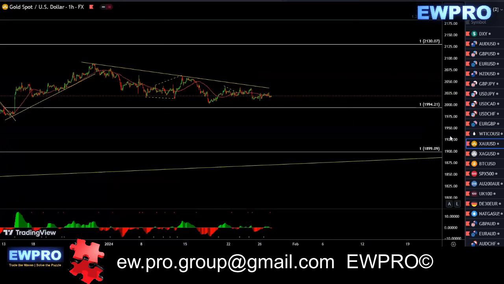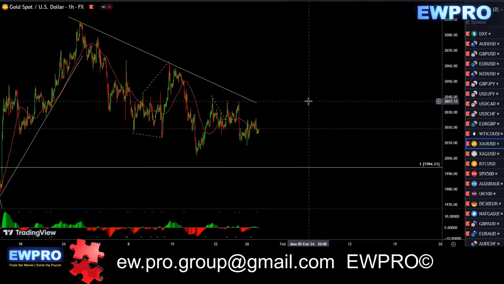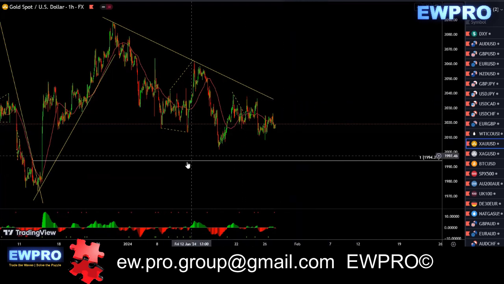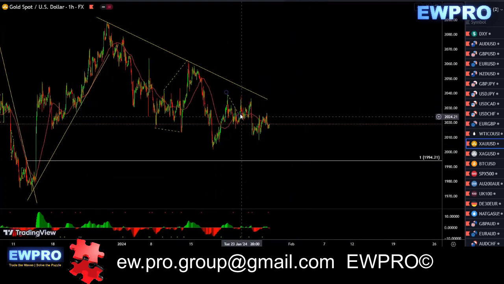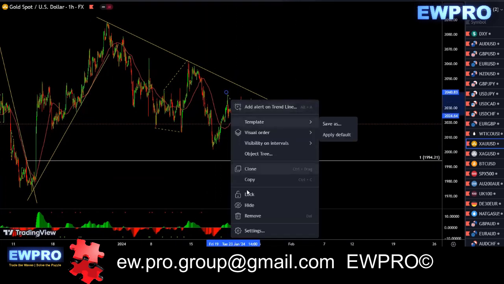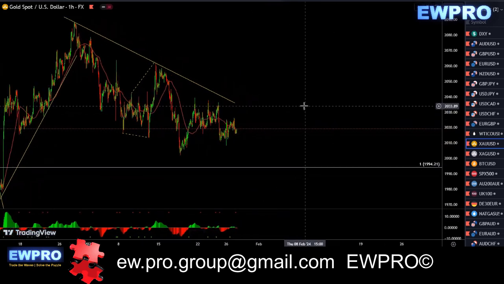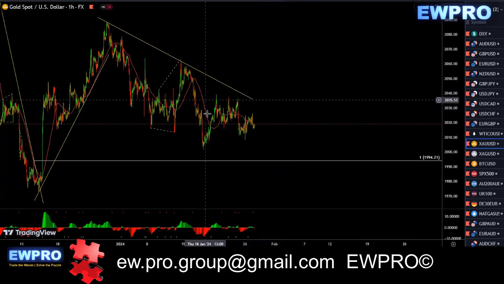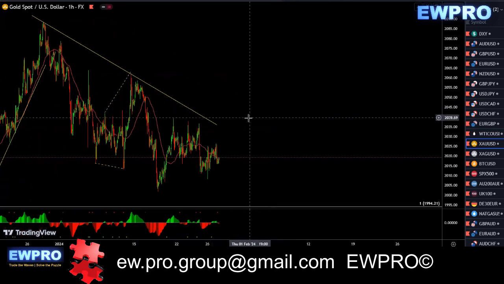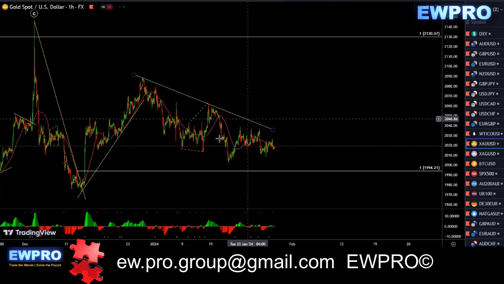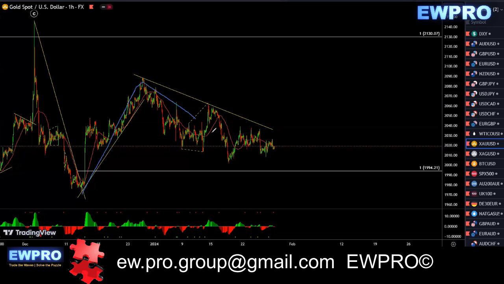It's not really giving nice buy setups. I've been looking to buy this, and it just isn't giving me the setups to buy it. So if you do get a buy setup on this, you can definitely look for that A, B, C.